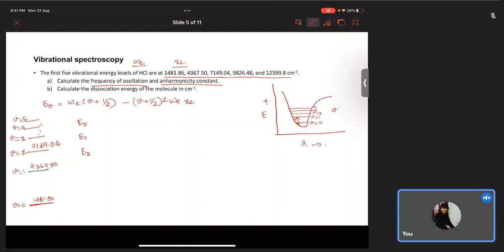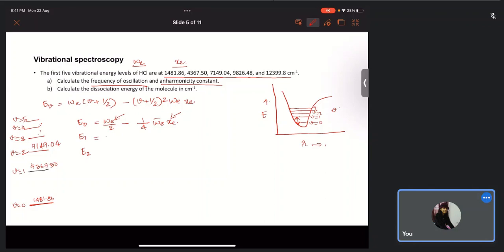So in this particular equation, we have omega E by 2 minus 1 by 4 omega E Xc. Here you have two unknowns, which are omega E and Xc. To solve this we need at least two equations.